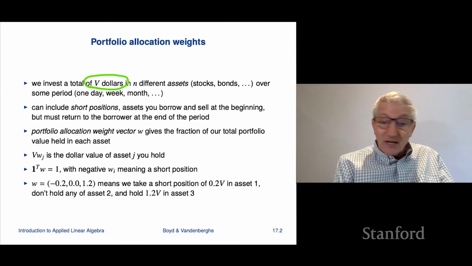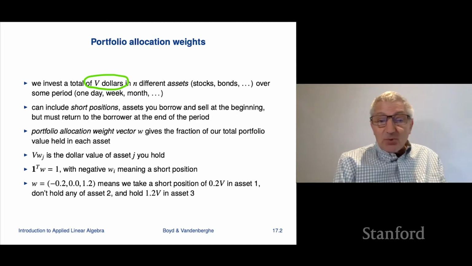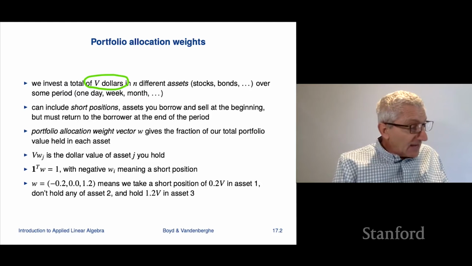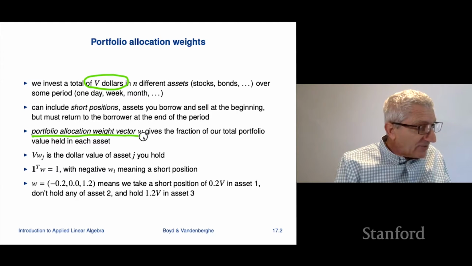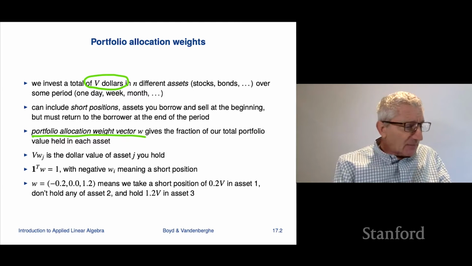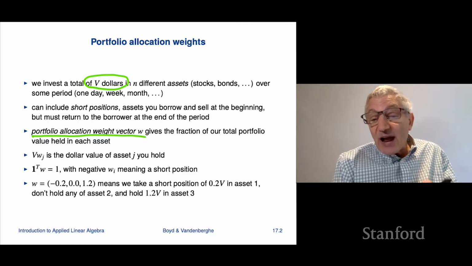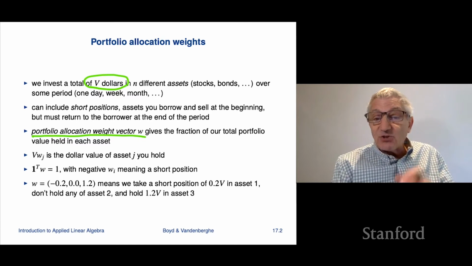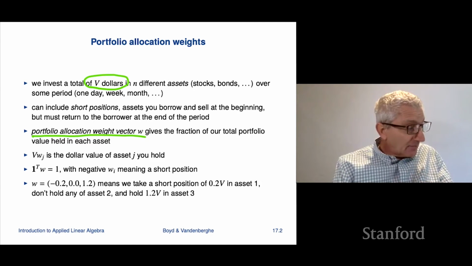Okay. Now, we can describe our portfolio by a portfolio allocation weight vector w, okay? And this is relatively common notation. What it does is w_j gives you the fraction of your total portfolio value that you hold in asset j.